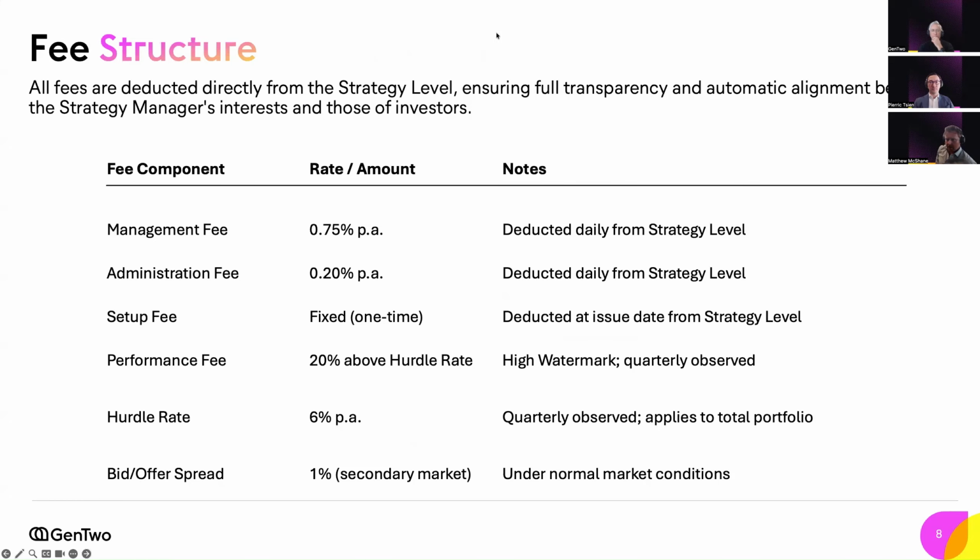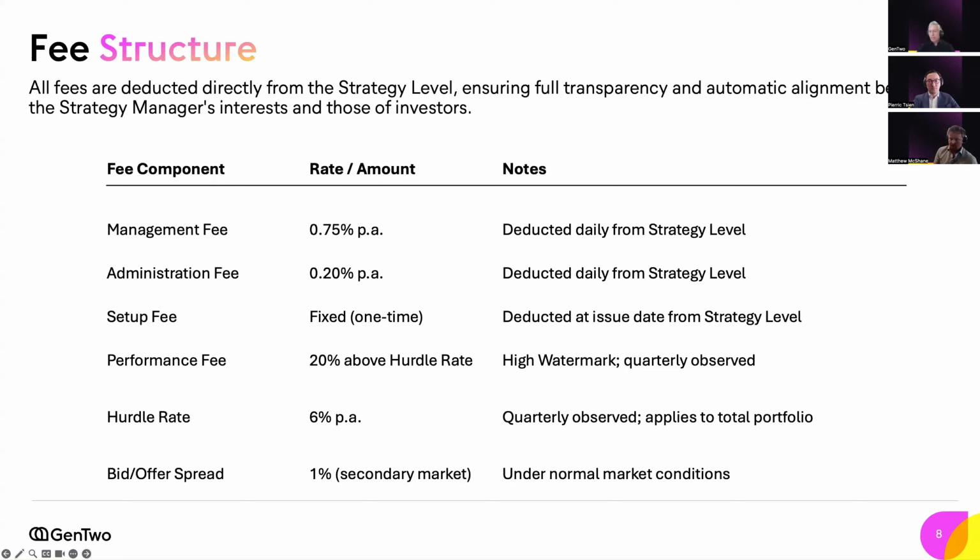And here again, a little bit of a template fee structure. What we do is we listen closely to the clients or the product manager to understand what fees you want, what fees are adequate, what fees your investors would be okay with, what fees are sort of market rate for the type of strategy you're executing.